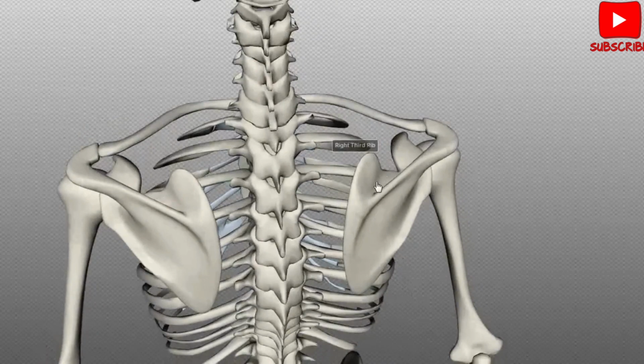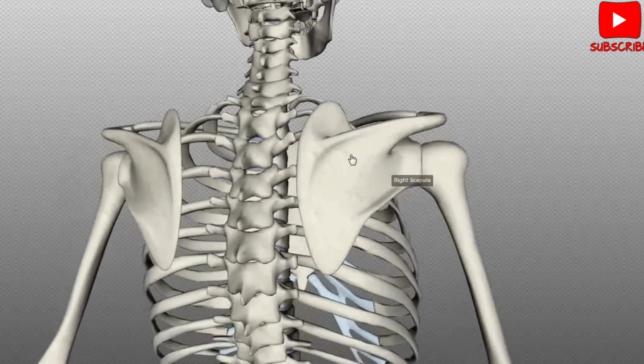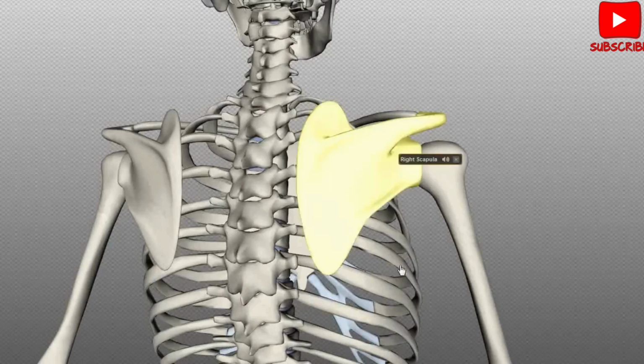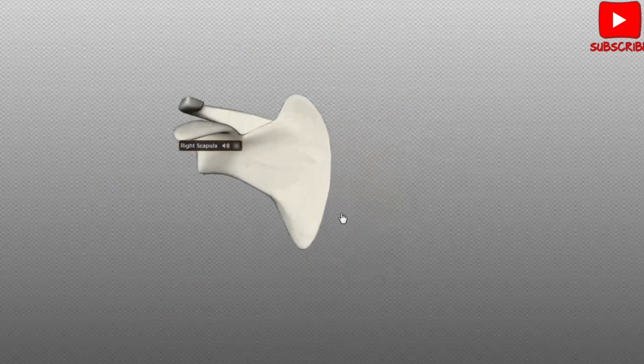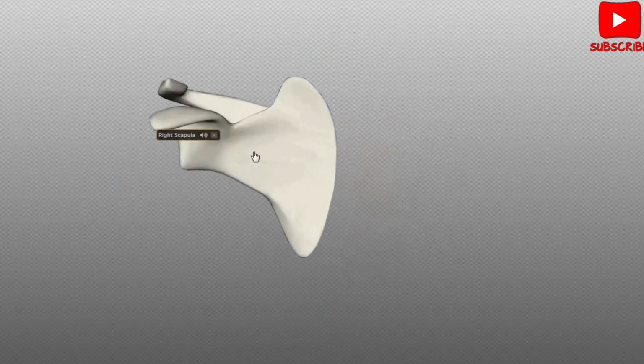has this little hollowing in the bone, a fossa known as the supraspinous fossa, because it's above the spine of the scapula, and you've got the infraspinous fossa. On the anterior surface, you've got a fossa which is called the subscapular fossa, because it's underneath the scapula.